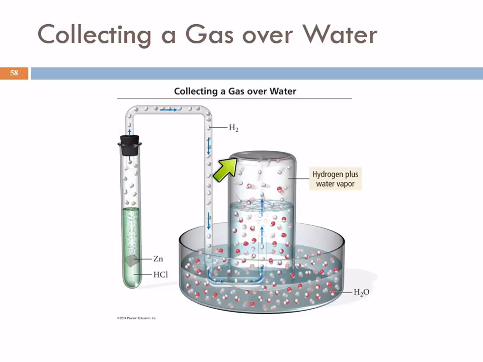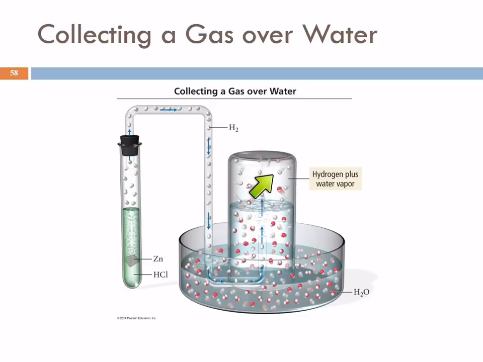When we started this experiment, this beaker was completely full of water. There was no air or anything in there. As the hydrogen bubbles through here, it comes to the end of the tube and it's going to go up, and get trapped in this inverted container. As it gets trapped up there, it's going to displace the water. Does that make sense?